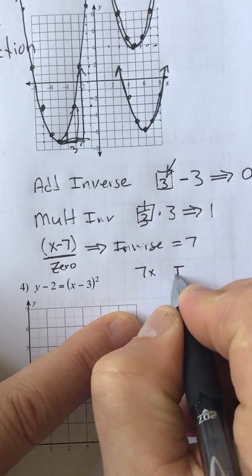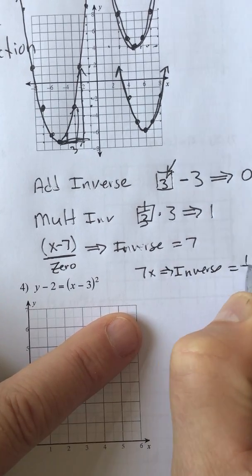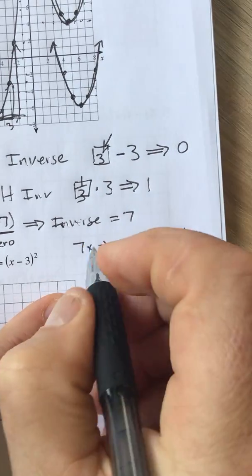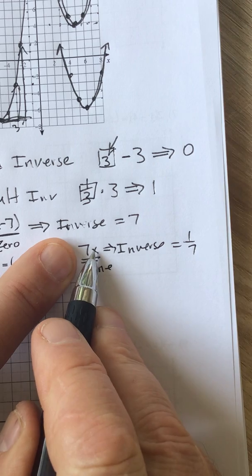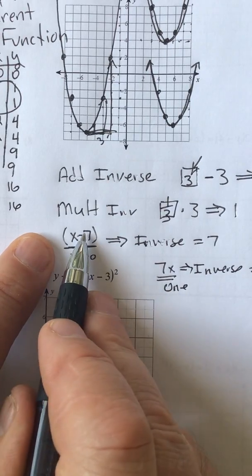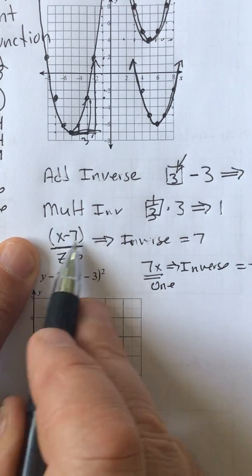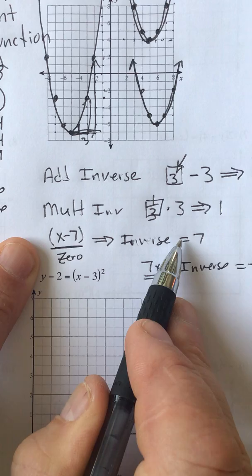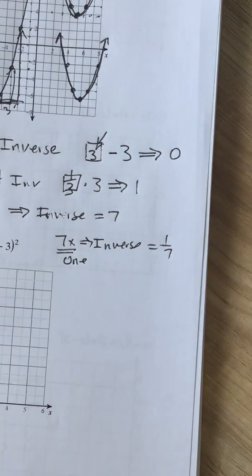And the inverse of that will be 1/7, because I'm trying to force 1. So 7 times 1/7 will be 1. Over here, 7 minus 7 will be 0. So if it's an addition or subtraction kind of problem, we want to force 0. If it's a multiplication kind of problem, we want to force 1.